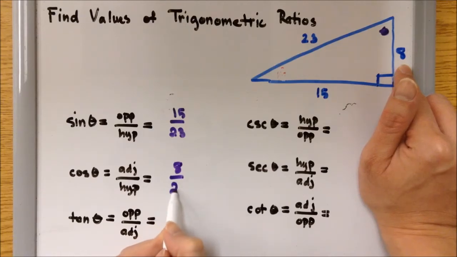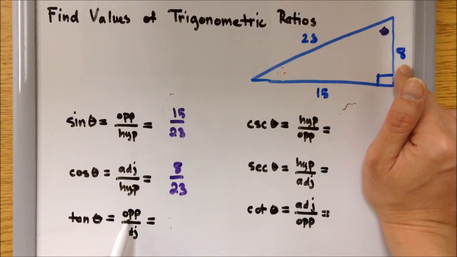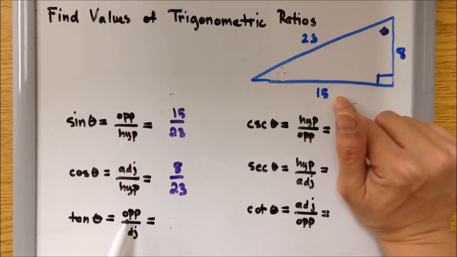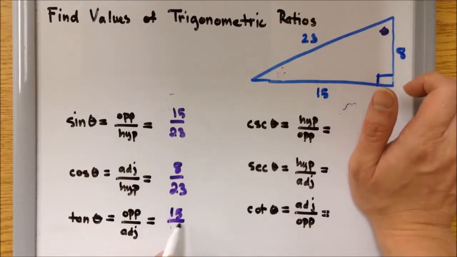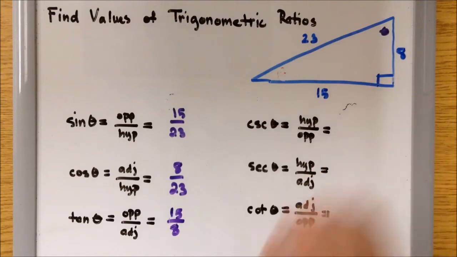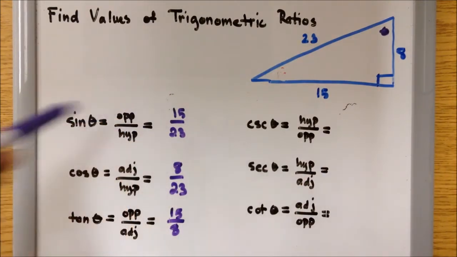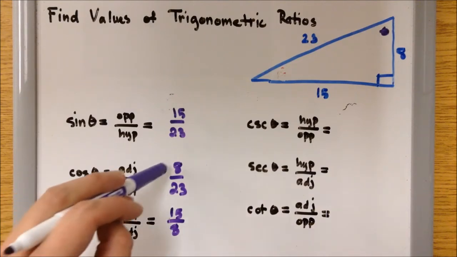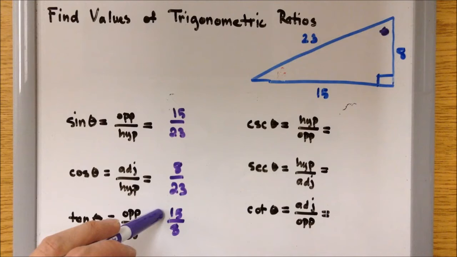Now tangent theta is the opposite, which is 15, on the top, over adjacent, which is 8, since it's next to the angle. So sine theta is 15 over 23. Cosine theta is 8 over 23. Tangent theta is 15 over 8.